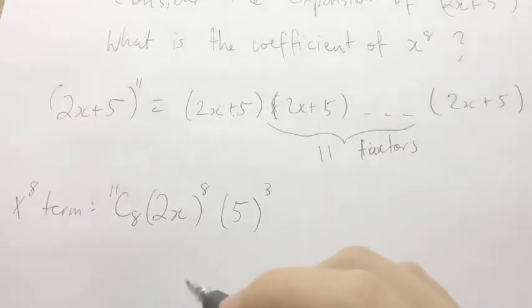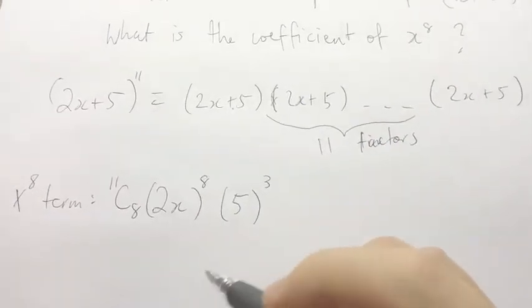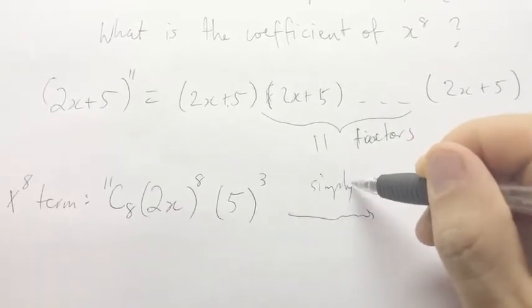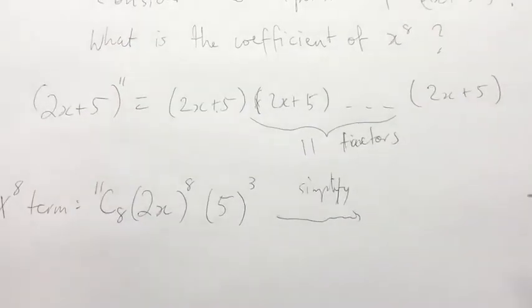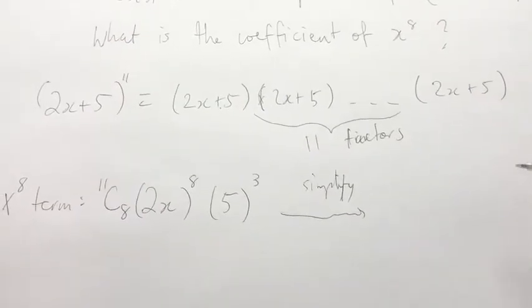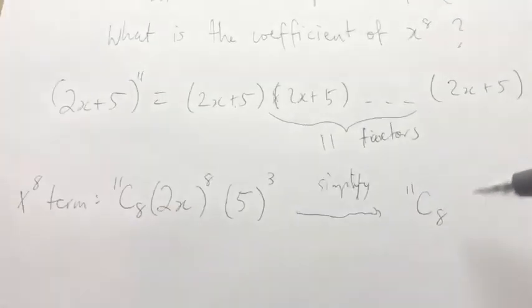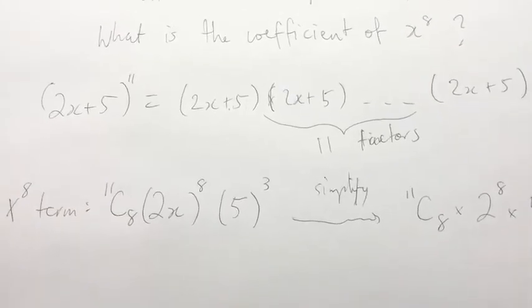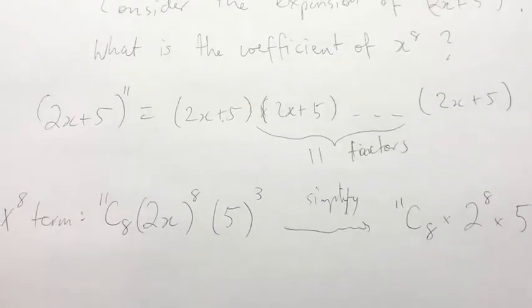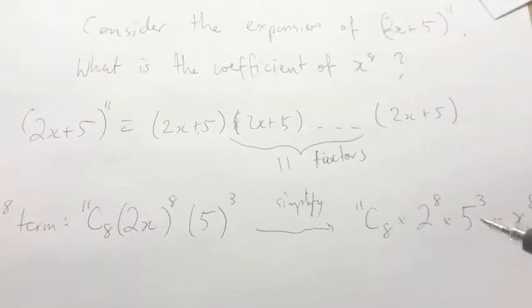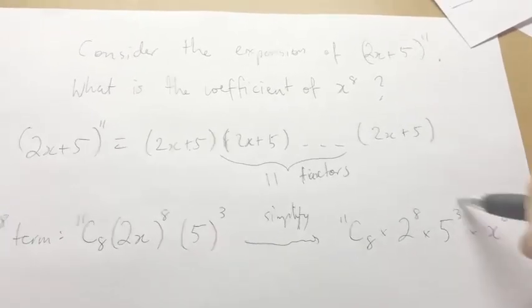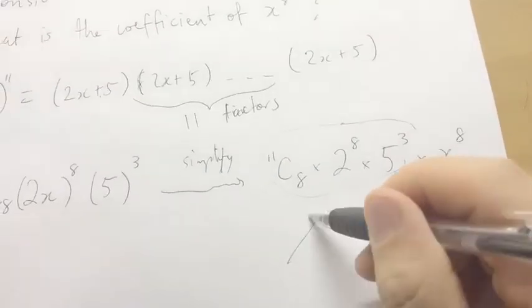And this simplifies to 11 choose 8 times 2 to the power of 8 times 5 to the power of 3 times x to the power of 8. And so we said the coefficient is whatever's in front of x to the power of 8. So this is the coefficient.